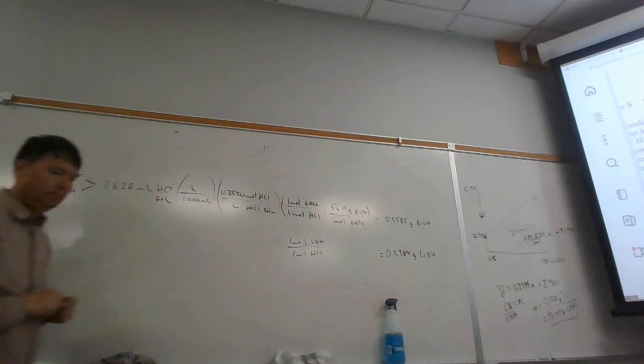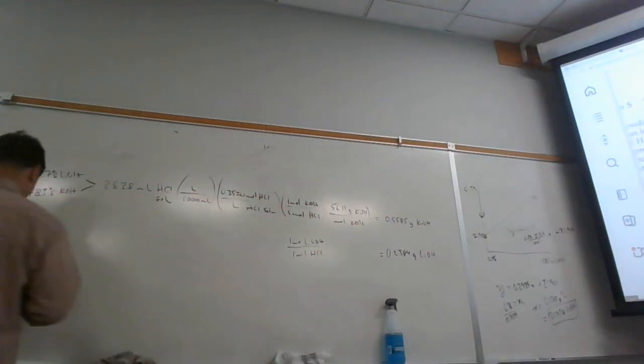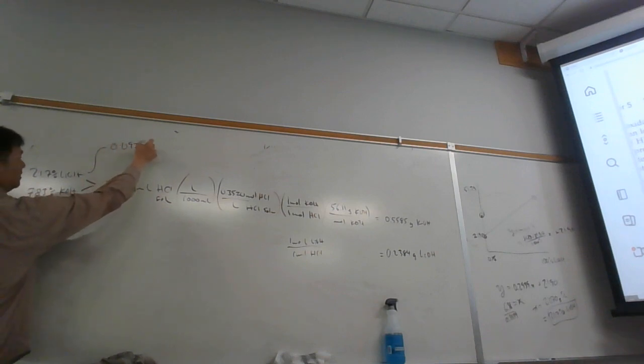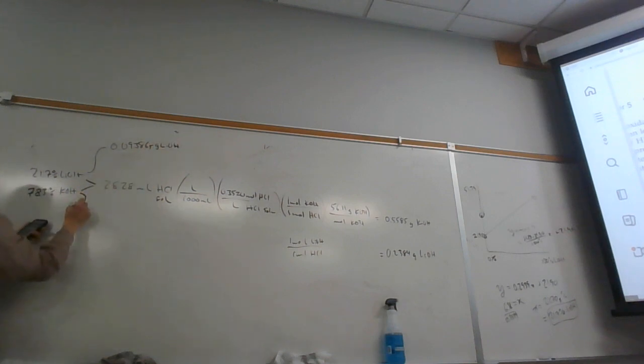And so both of them react completely. And so if I take this 0.4324, I'm going to get 0.093865 grams of lithium hydroxide, and the rest will be potassium hydroxide. 0.3389.